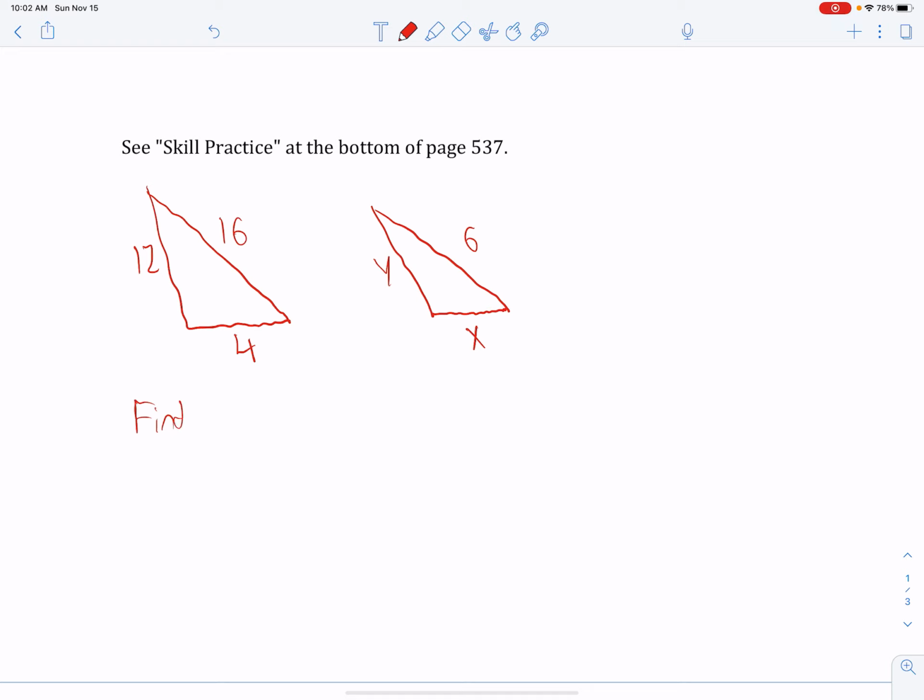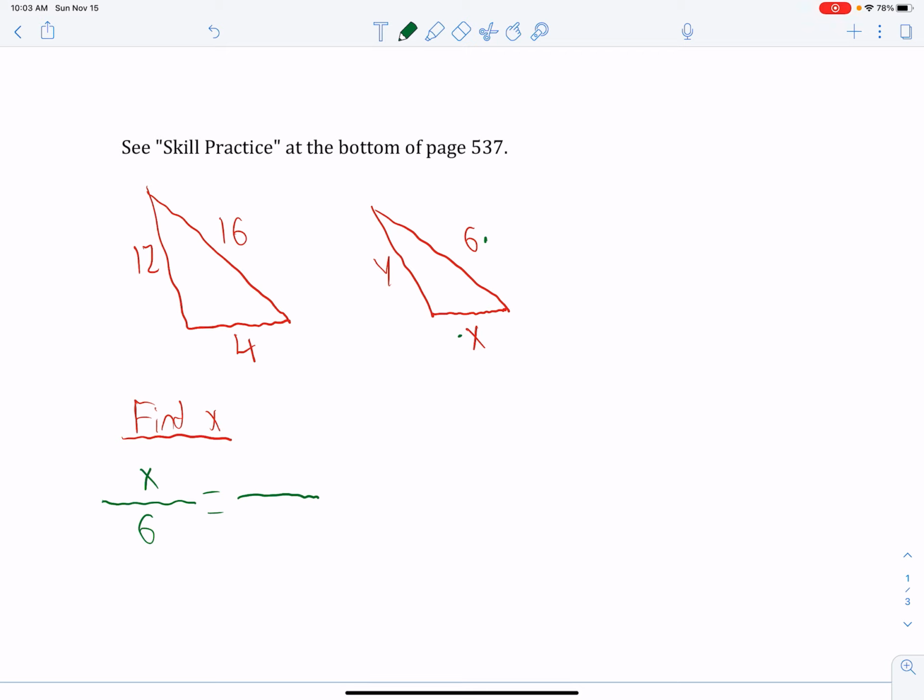Suppose we want to first find x. So we need to set up a proportion that has x in it. What I would do is take x for the top of my fraction, and then the only other number I know in that triangle is 6. So I'm going to do x over 6.